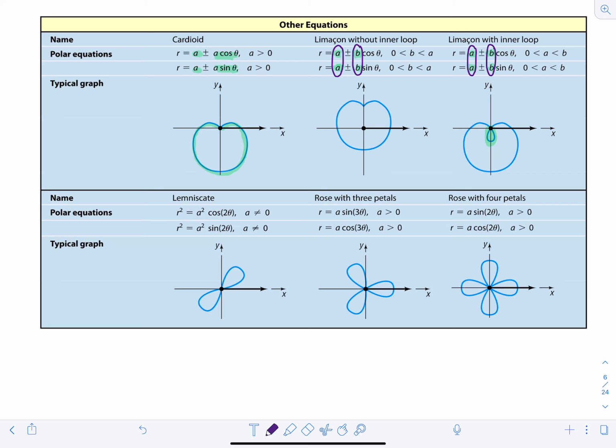It could be for sine or cosine. If you have an odd coefficient on theta, then that's the number of petals you have. So if it's 3 theta, 3 petals, 5 theta, 5 petals, 7 theta, 7 petals. If it's an even constant in front of theta, you have double that number of petals.